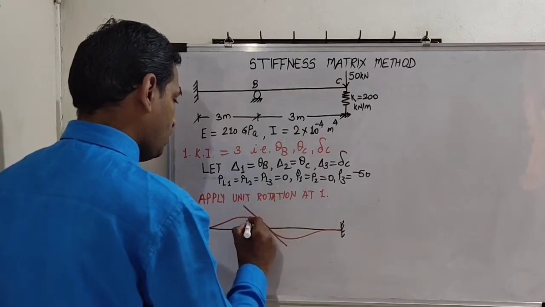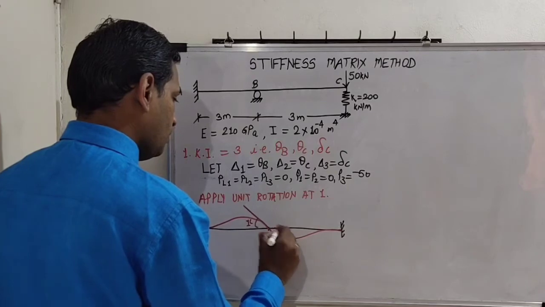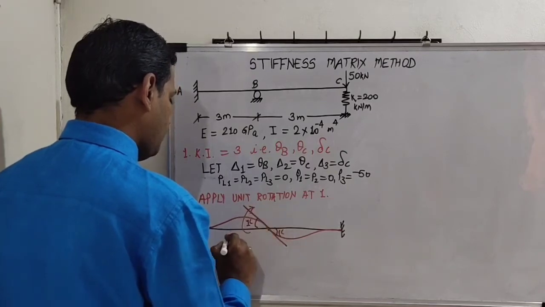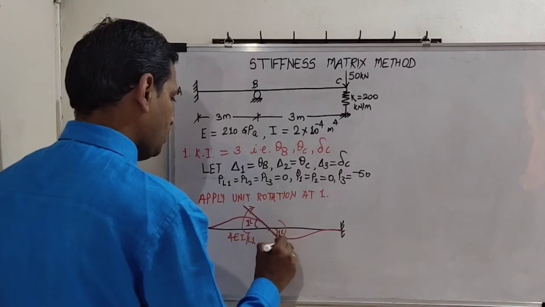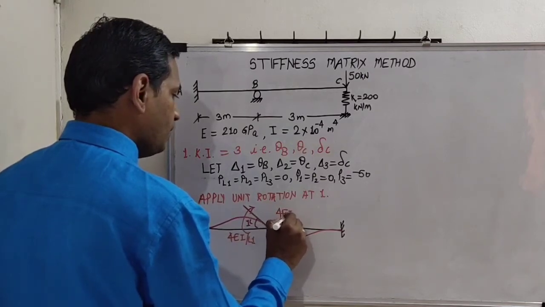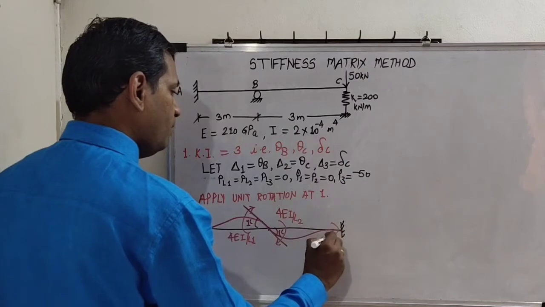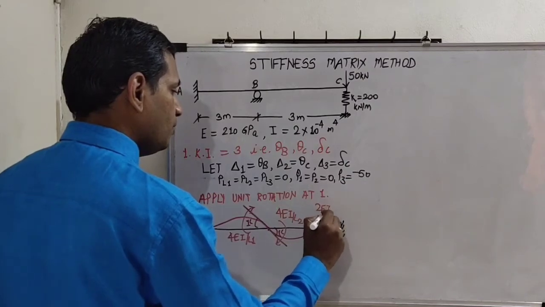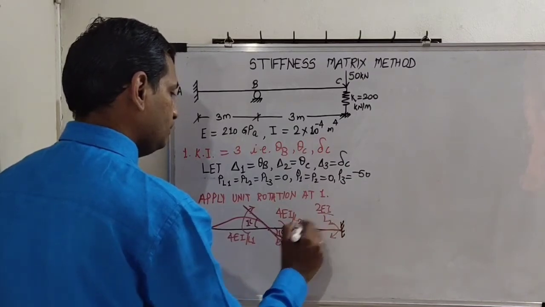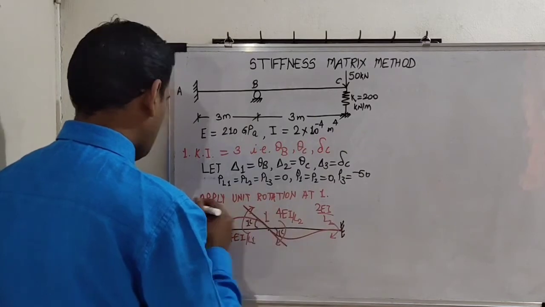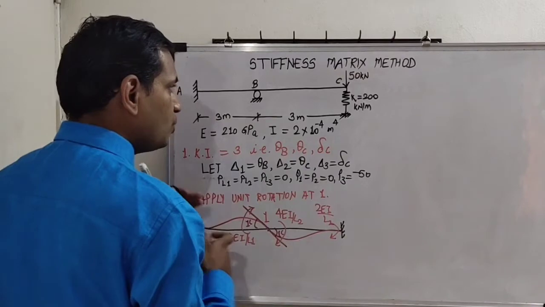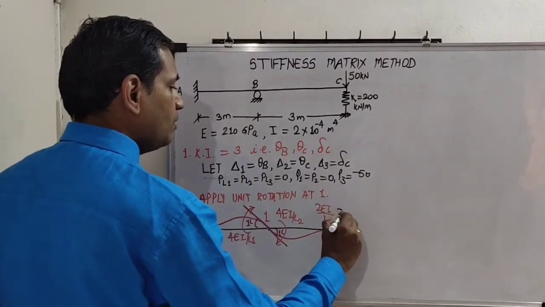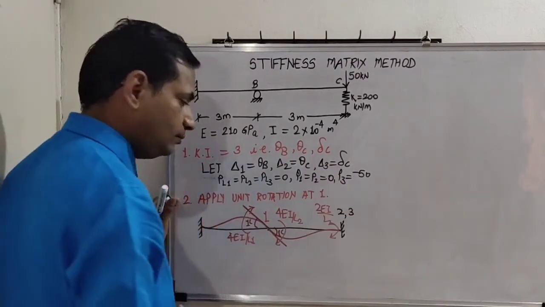This is 1 radian rotation, and here is the value 4EI by L1, here 4EI by L2. Its half value will be carried over to joint C. So this is location 1. Locations 2 and 3 are on joint C.